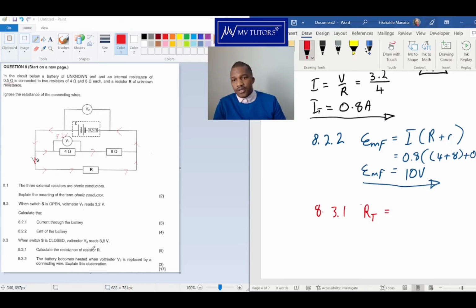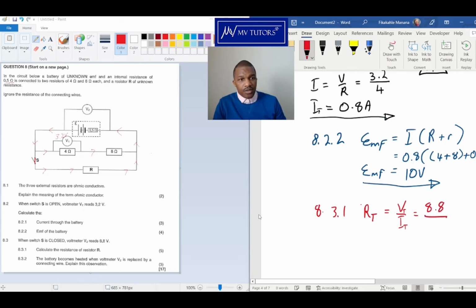Okay, it will help us to calculate the resistance of R. So our total resistance is therefore total voltage over total current, right? So what is our total voltage?